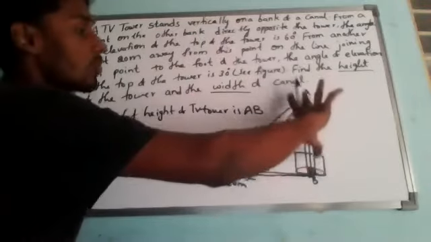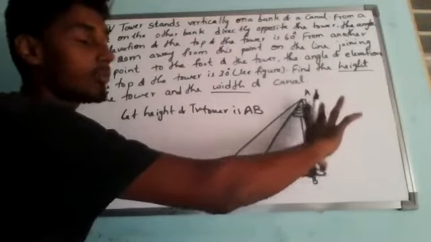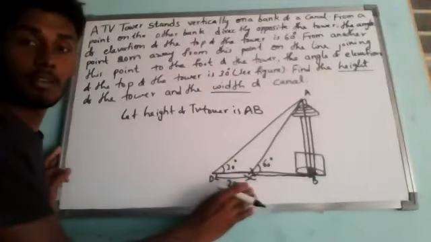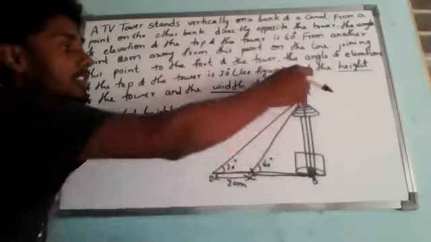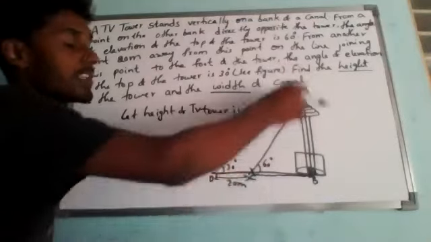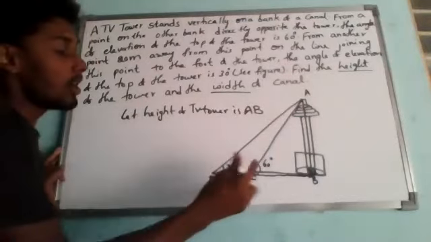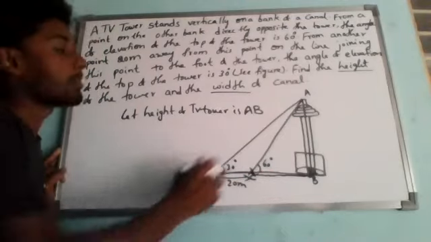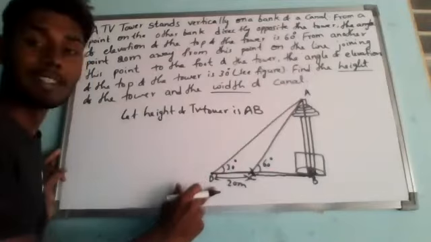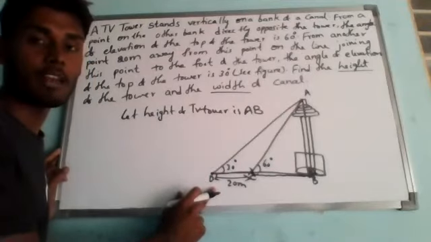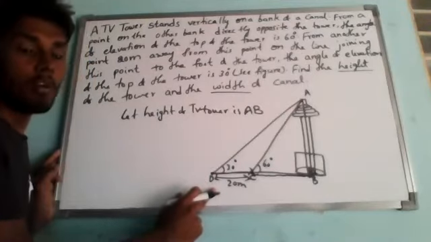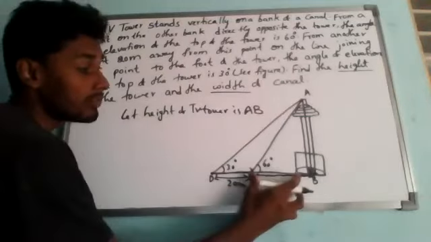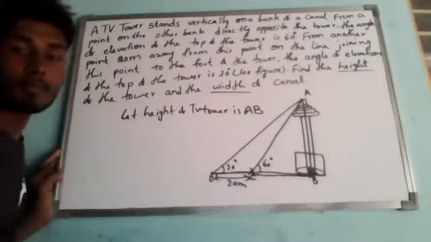First, one tower is present on one bank of the canal, and from the other bank, it forms a 60 degree elevation to the top of the tower. Now from that point, 20 meters away, it forms a 30 degree elevation. Understand? Now we have to calculate the height of the tower and the width of the canal.